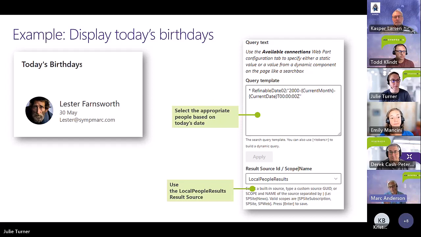But by having a query that grabs the data we want, and making sure that we're using the local people results result source, we can grab those objects and display them on the page. In this case, I've customized the display a little bit with a tiny snippet of handlebars, but Derek and Julie will get into how that works. I've just changed the format of that date so it doesn't look like a big long date. I think it's time to update Lester's profile picture too.